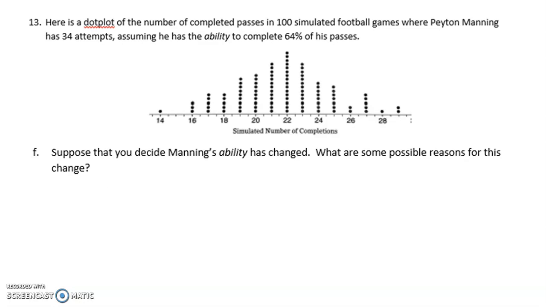If we decide his ability has changed, what are some possible reasons? As long as you don't tell me it's because aliens abducted him or he found out that eating grass like cows helped a whole bunch with his performance, then we're pretty good. You could say he did weightlifting.